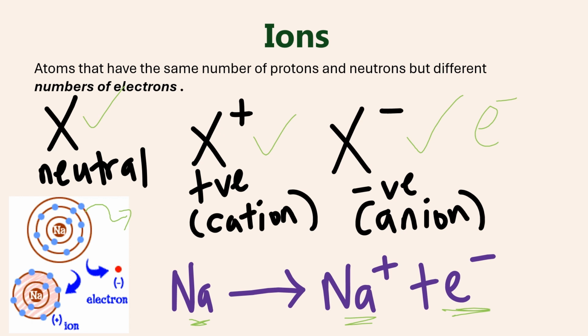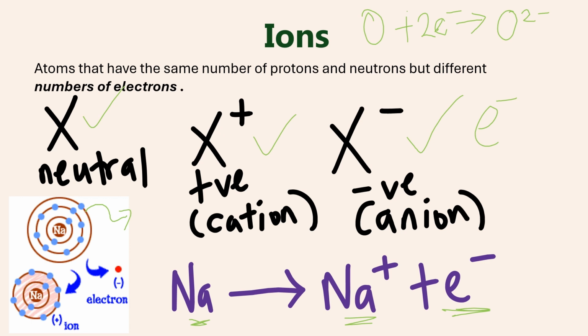If it's gaining an electron, then it's becoming negatively charged. For example, if I have oxygen, and then the oxygen maybe wants to gain 2 electrons, so 2e minus, then it becomes an oxygen ion. So it has an O2 minus charge. So these are examples of ions.